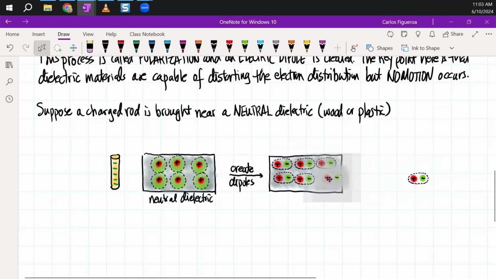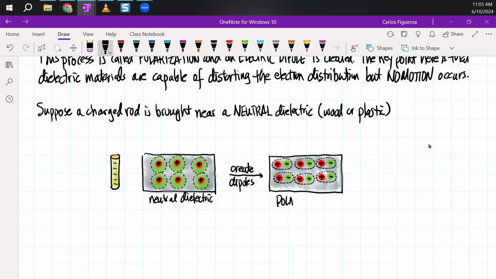Okay, last one. And then now you see that I have formed dipoles. This is what we call a polarized dielectric.